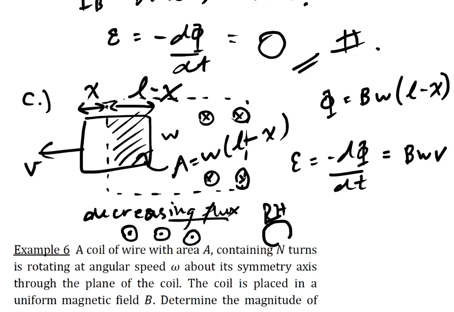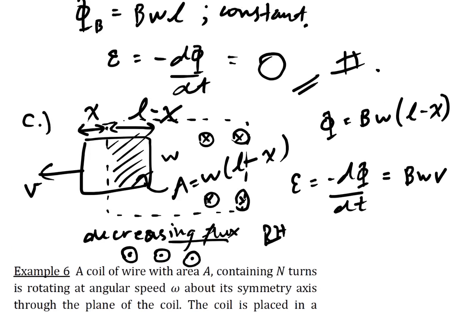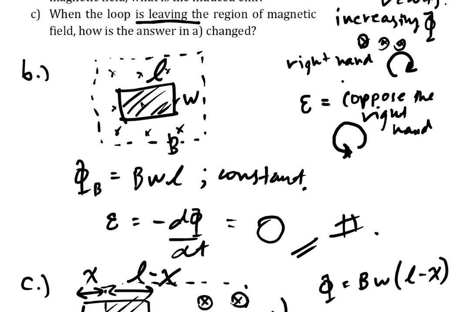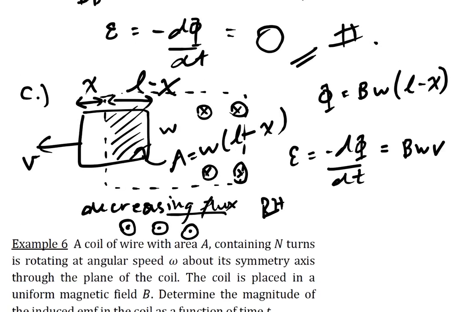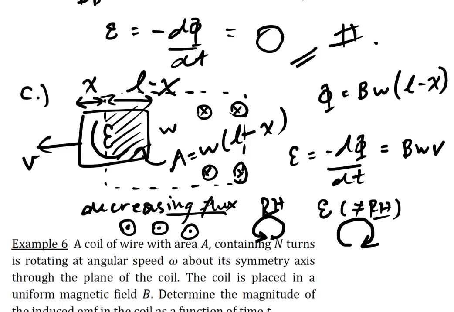You're going to get a circle with counterclockwise circulation. But with the induced EMF, it is opposing the right hand rule, so the direction becomes clockwise. So you can say that the EMF in part C is flowing in the clockwise direction.